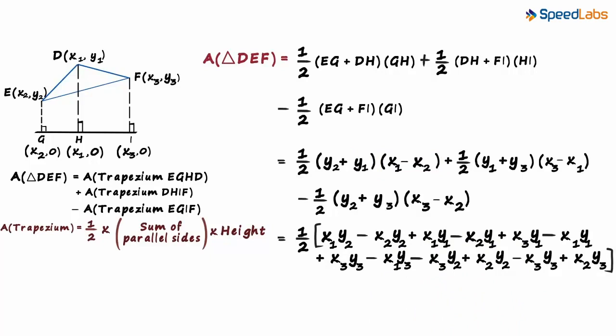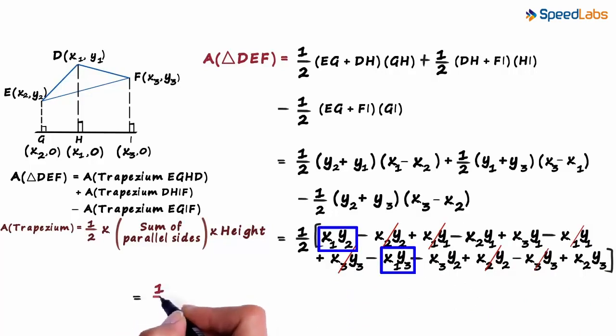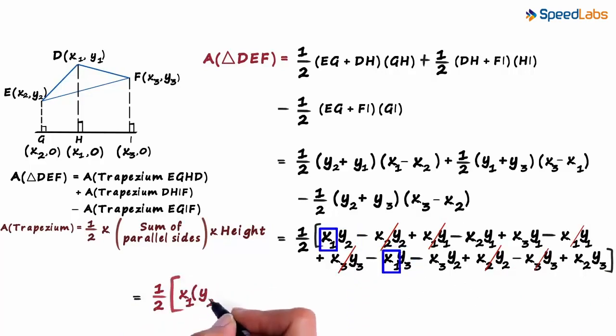Then we need to check if we can cancel out any like terms. We can cancel out x2 y2, x1 y1 and x3 y3. This looks a bit cluttered and we need to represent it in a better way. From these two terms, we take x1 common and write it as x1 multiplied by y2 minus y3.